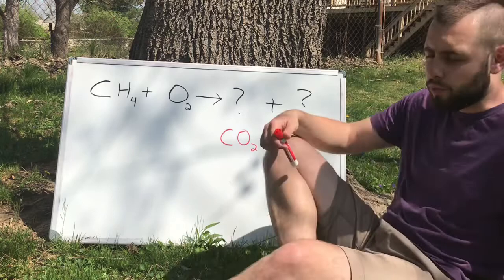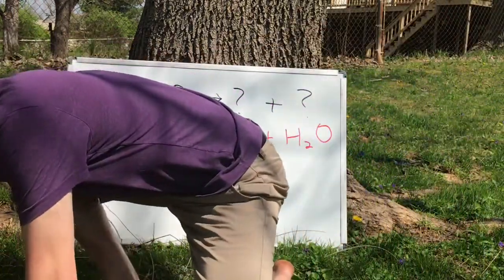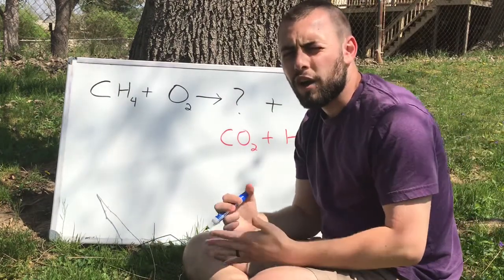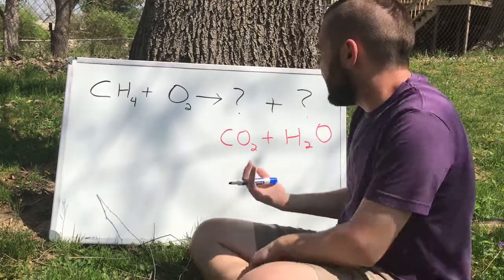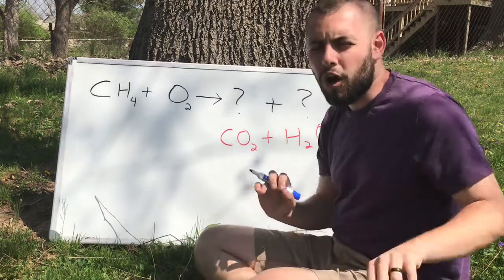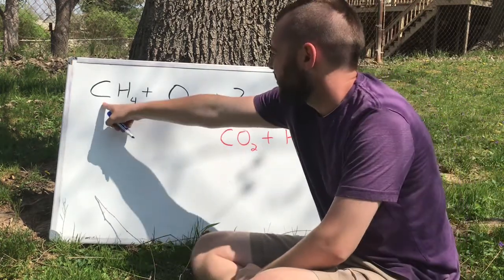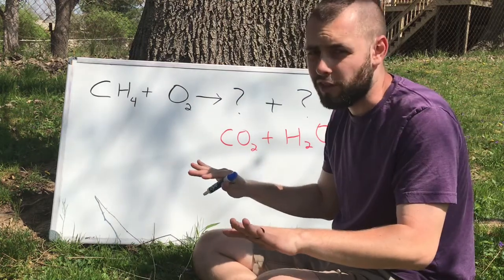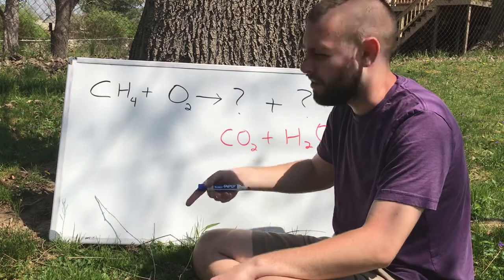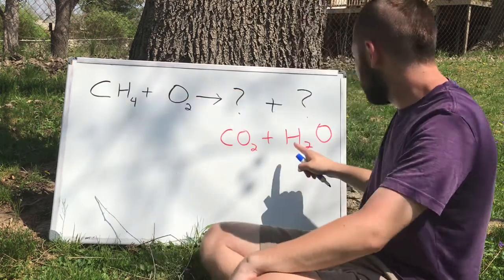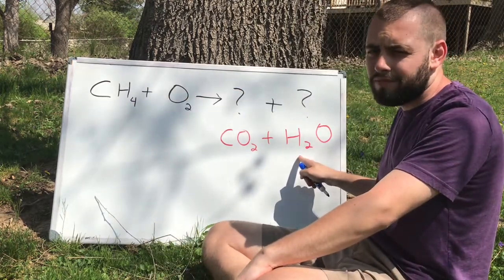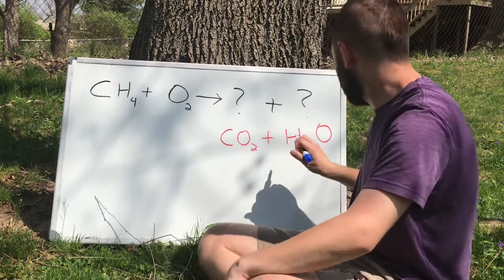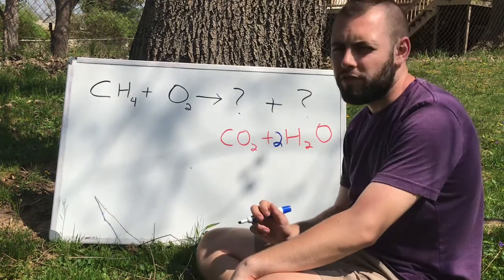So I'm going to switch colors here. And let's see if I can figure out what coefficients I can use to balance this reaction. Always start with carbon. 1 carbon over here. 1 carbon over here. Carbon's good. Now we'll go to hydrogen. 4 hydrogens. Only 2 hydrogens over here. I need it to be the same to obey the law of conservation of mass. So I'm going to double it up over here.